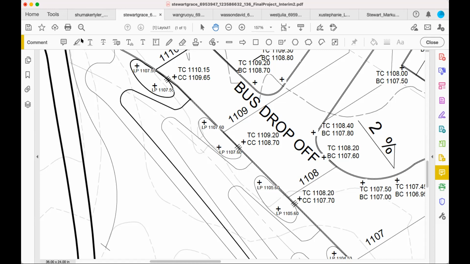Yes, we need HP. And we do need the contour number 1108. Well, if that's 08 and this is 09, then you don't necessarily need an HP there. That's 10.